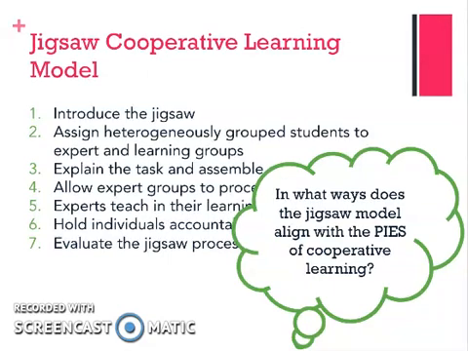There also has to be equal participation. That's why, when we adhere to this model as written, when students break up and go from their expert group, you have to make sure that everyone in the expert group is truly an expert and can teach the folks in the jigsaw or learning group, because they're not going to have anybody else to rely on when they go to teach their peers.